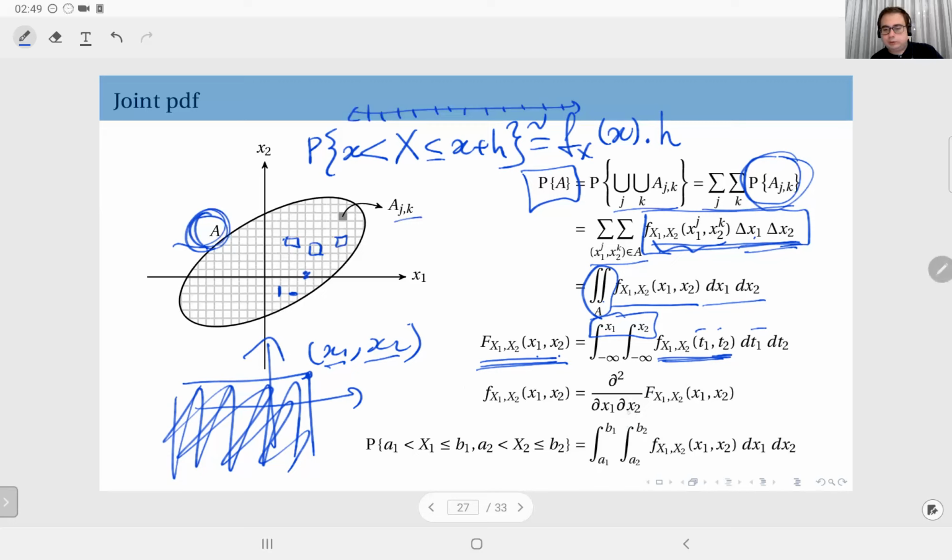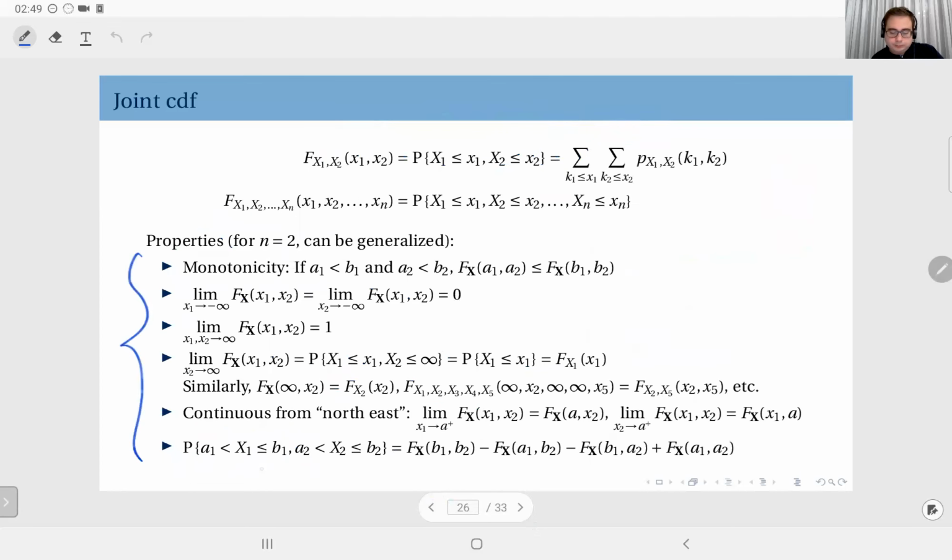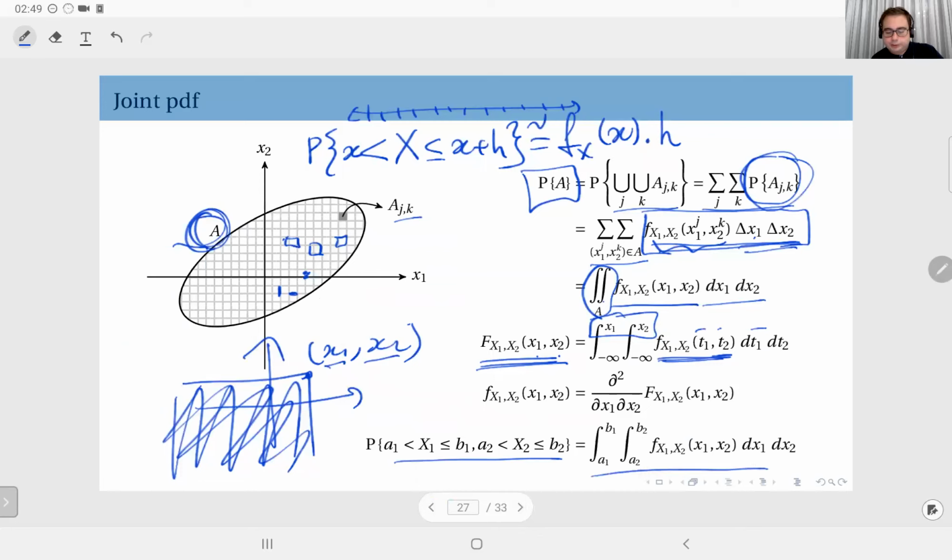Therefore, the order here will not be important in general, at least for our purposes in this course. And finally, we can write this probability that we have talked about here using this integral from a1 to b1 and from a2 to b2 of the joint PDF. So this is how you use the joint PDF to obtain probabilities. And this is the relation between the joint PDF and the joint CDF.